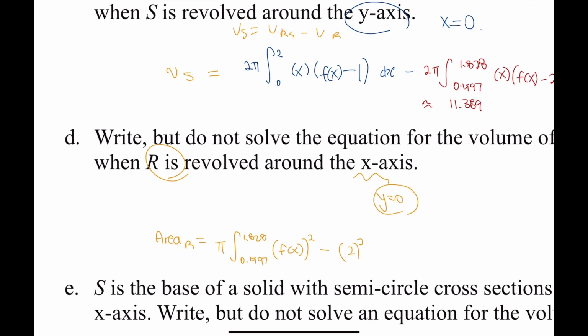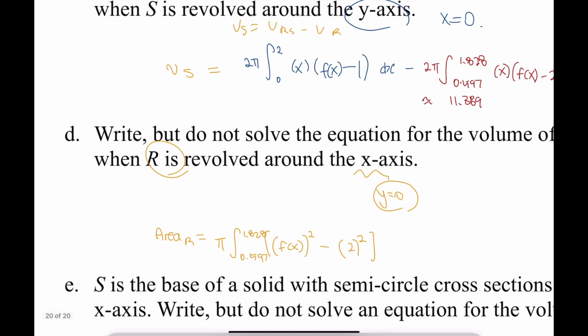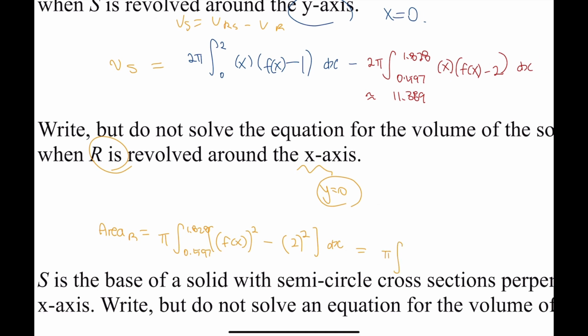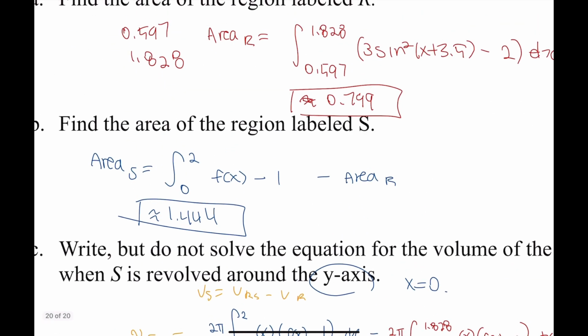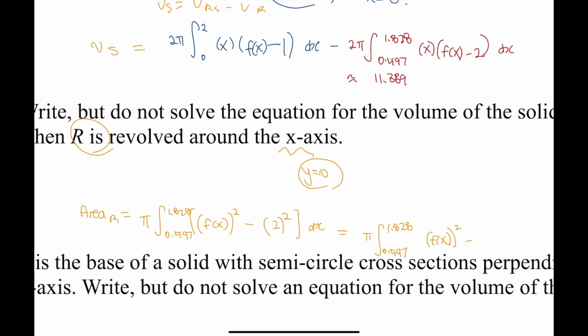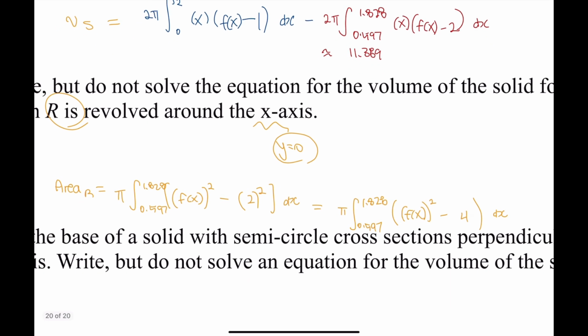So 2 squared, and then the entire thing dx. This would mean pi, 0.597, 1.828, f of x squared minus 4, and then dx would be our answer.